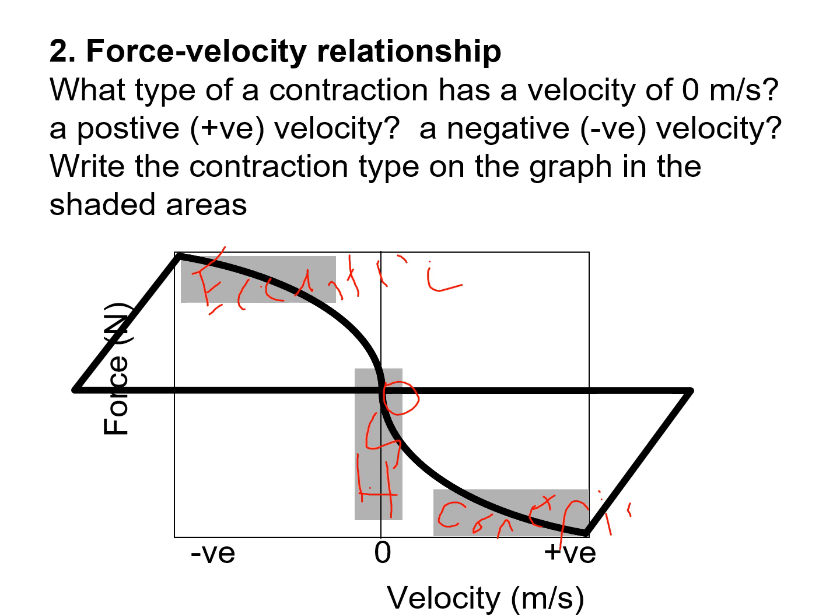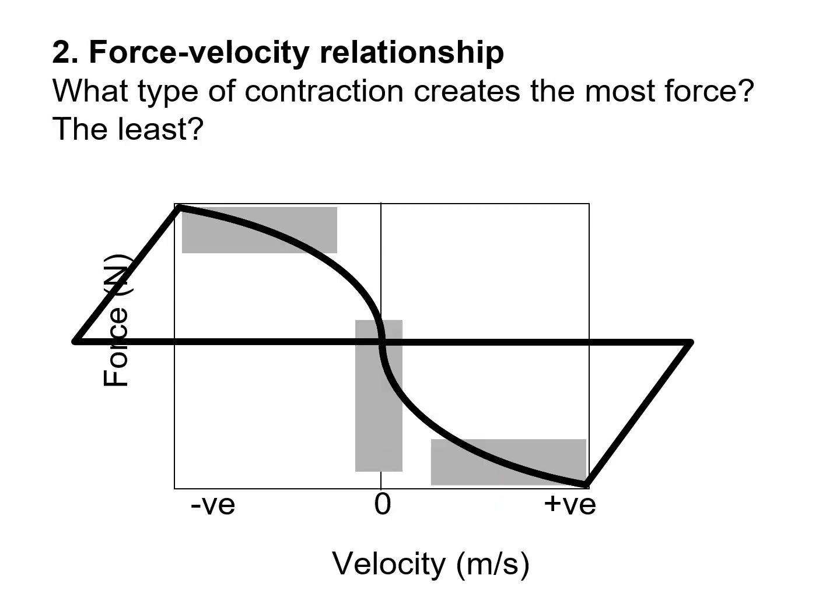So what we can see here is that we develop more force with eccentric contractions than isometric and concentric contractions. So we have more force with eccentric contractions and less force with concentric contractions, excuse me.